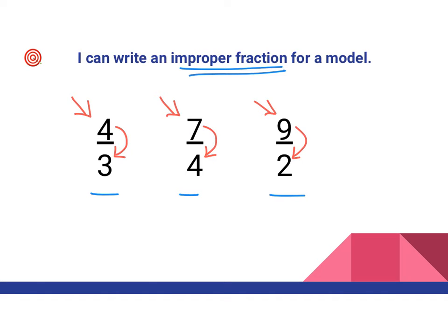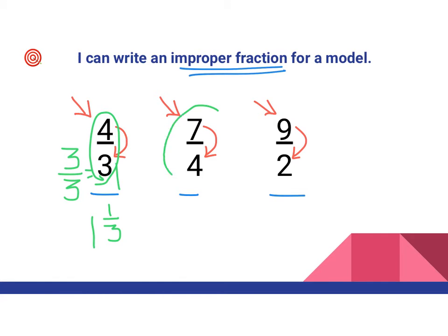So if you think about what that means, if you have 4/3, well, isn't 3/3 one whole? So you have more than one whole if you have 4/3. Thinking back to yesterday in mixed number, what that means is you actually have one whole and 1/3 of another.